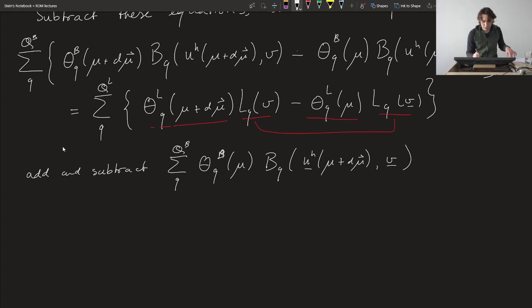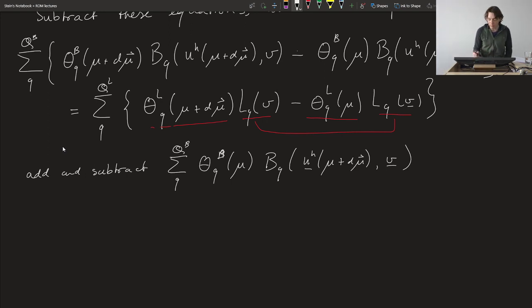Does this term make a lot of sense? Well, not really, because I'm evaluating my theta at mu, and this is a solution at mu plus d mu. So there's no physical relevance to this term, but I'm adding and subtracting it, so really I'm just adding 0.